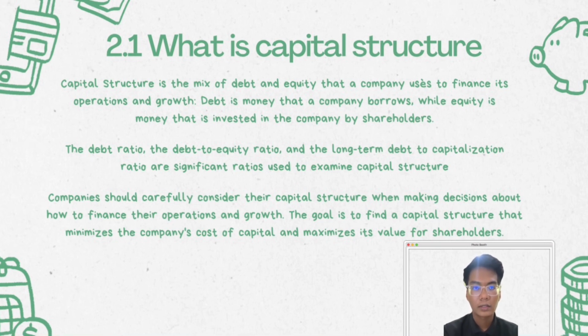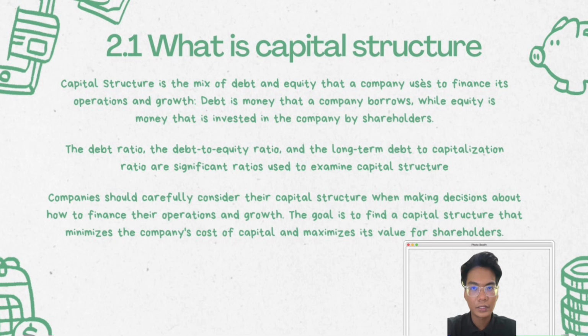Equity is money that is invested in the company by the shareholders. For several reasons, businesses finance their operation using both debt and equity. Although debt implies more risk than equity, it can be a less expensive source of finance. And although equity is more costly, it grants investors a stake in the company as well as a portion of its earnings.